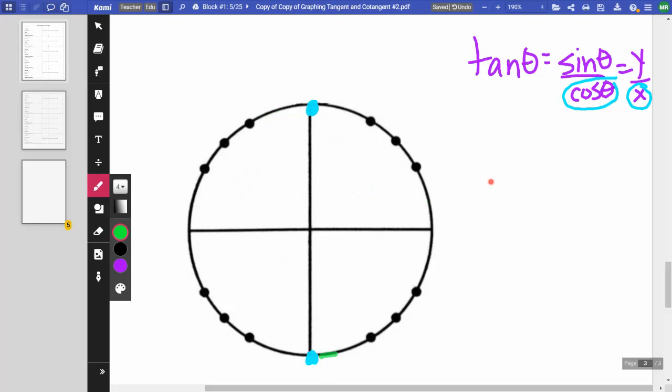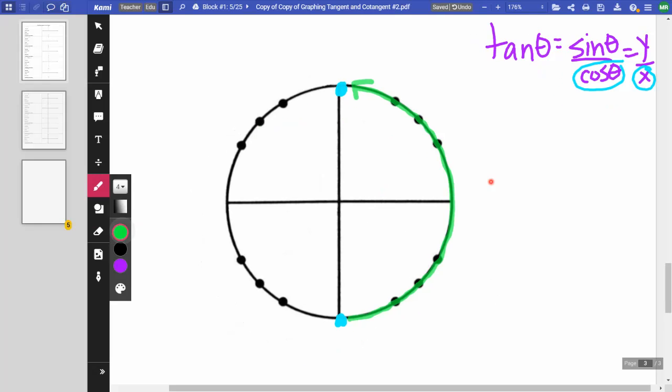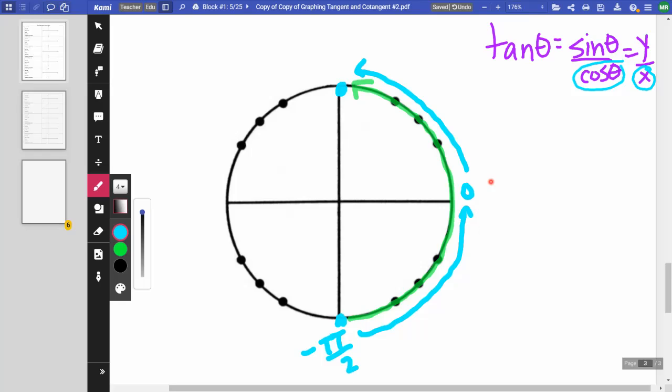So we're going to start down here and we're going to go all the way from one asymptote to the other asymptote. And when we're doing this, don't think of this as being 3 pi halves. Think of it as negative pi halves. So I'm starting at negative pi halves, going to 0, continuing going to pi halves.